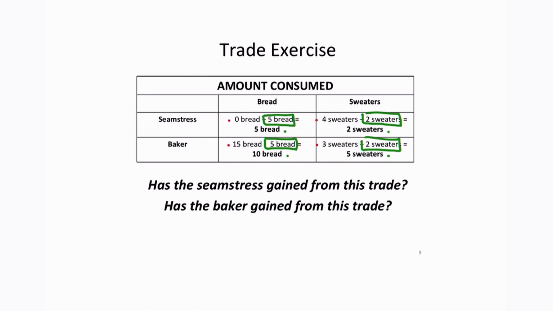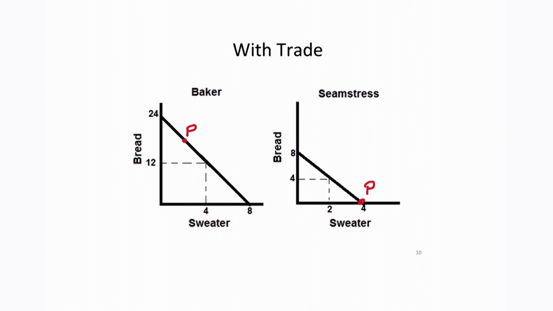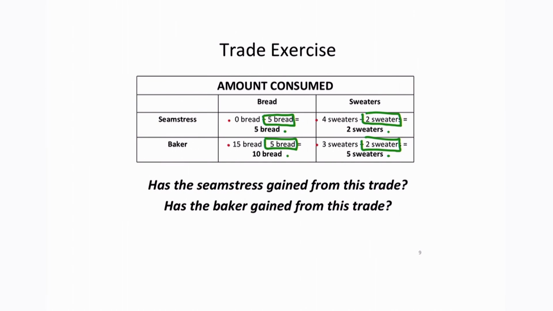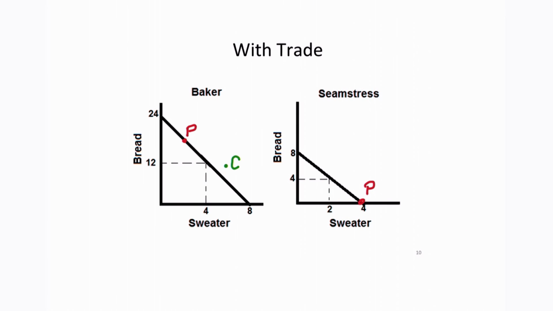Now, how much are they consuming? The baker consumes 10 bread and 5 sweaters. So he is consuming 10 bread and 5 sweaters. We'll call this point C. And the seamstress is consuming 5 bread and 2 sweaters.